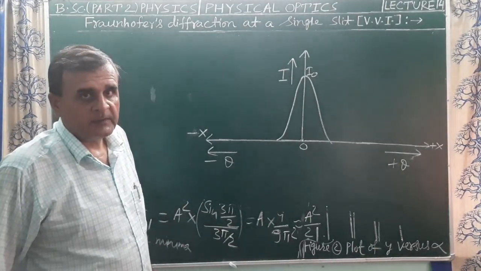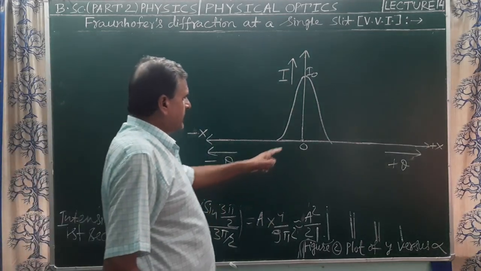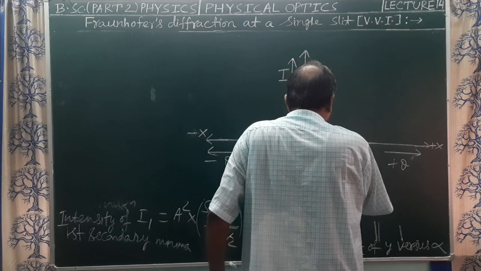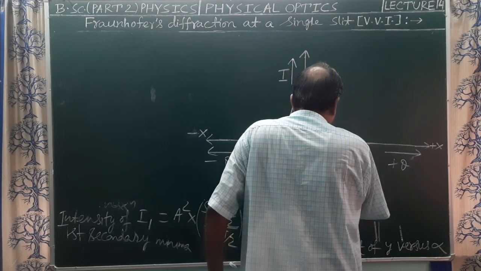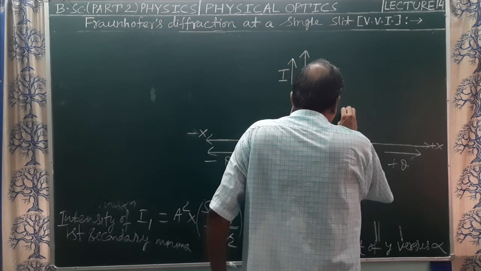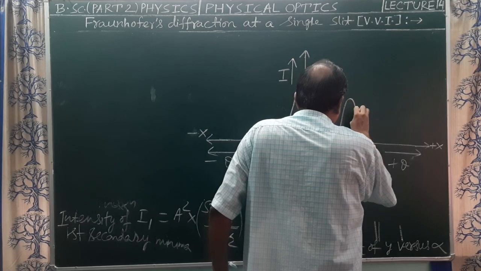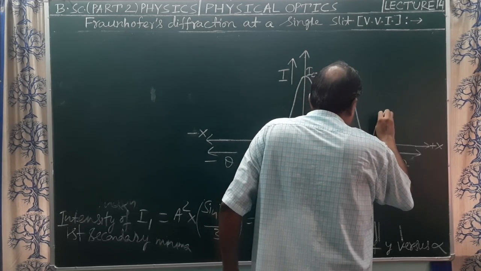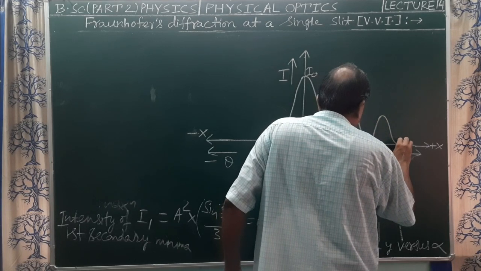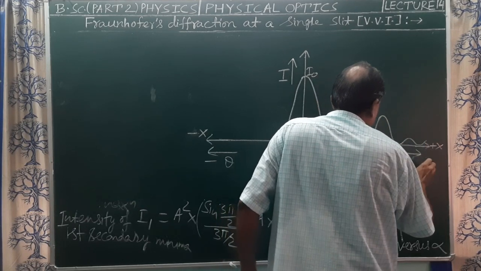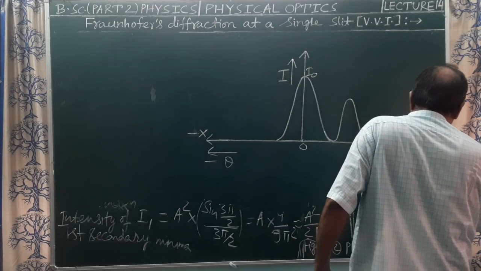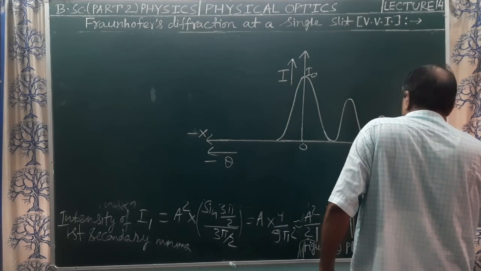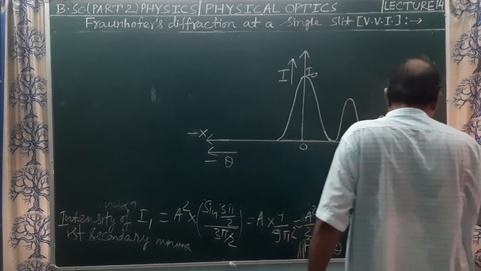On both sides of the central maximum we obtain alternate subsidiary minima and maxima. The intensity of maxima will be continuously decreasing as we go beyond the center of the screen, on either side.